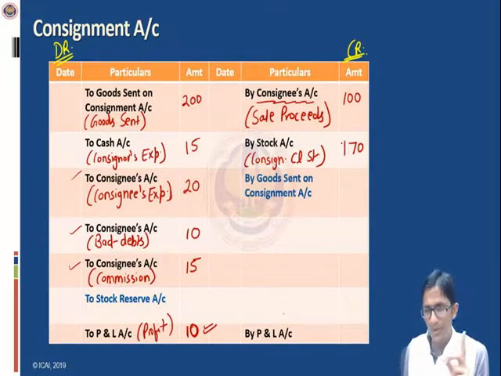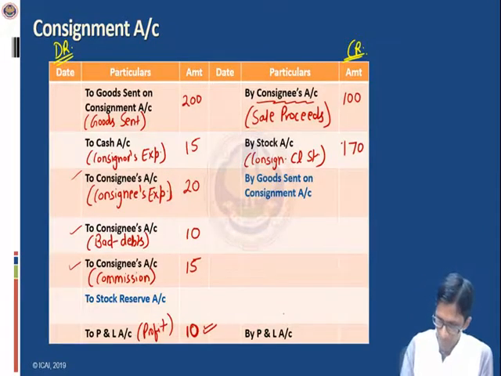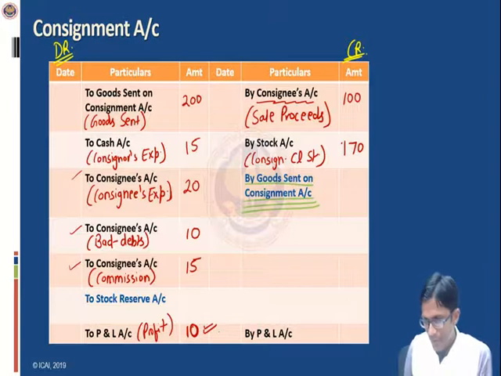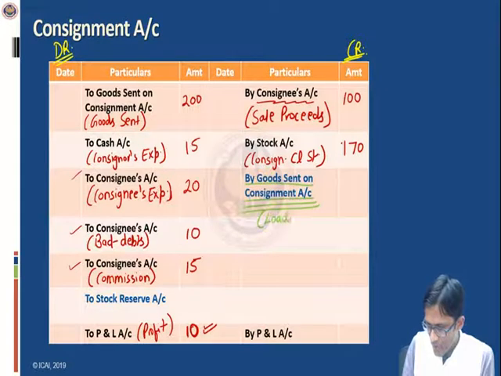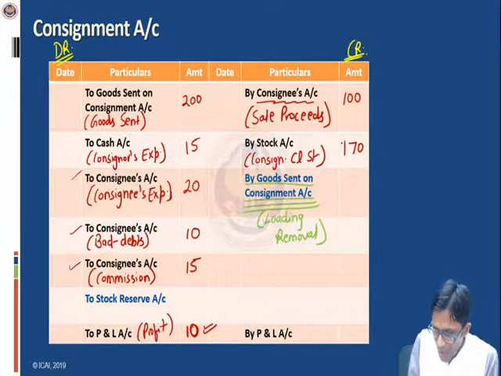I think now you will better understand it. Just see, friends. For what is this entry being passed? Can you tell me? This is actually the reversal of loading. This is the removal of loading out of this amount.